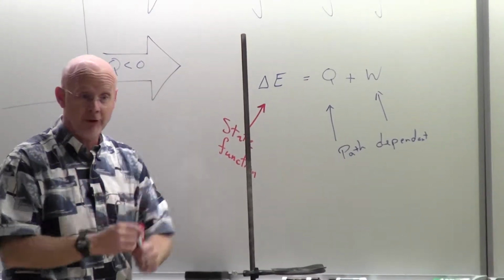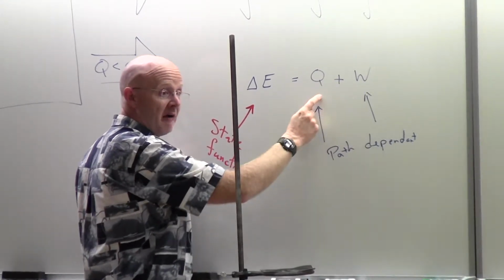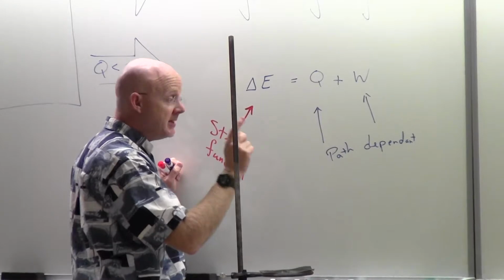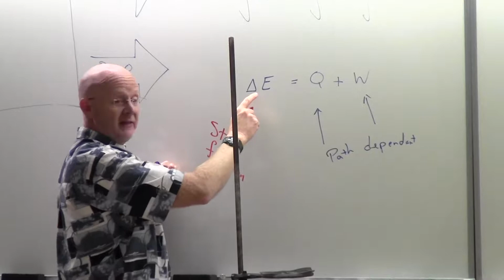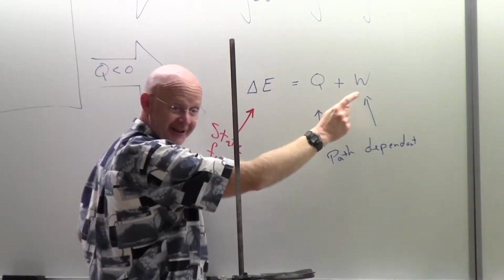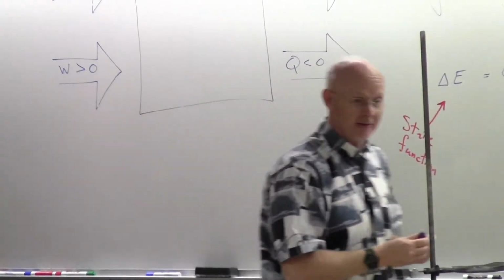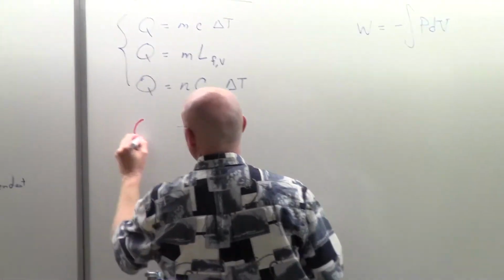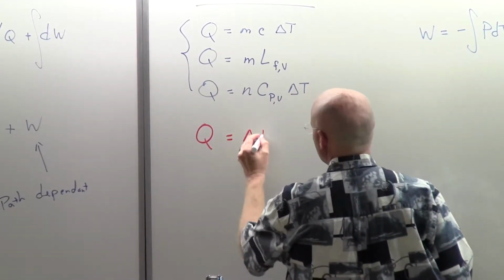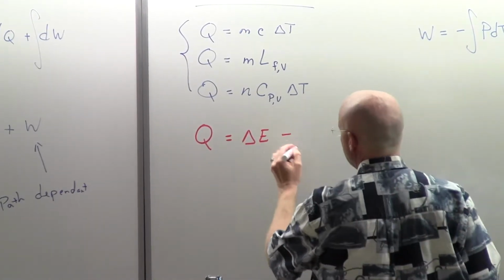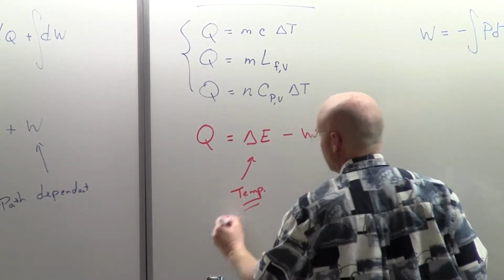And so what's very helpful is that calculating one of these might often be a little easier, not to actually calculate Q, but to calculate the E and calculate the W to get the Q. And so, one of the most powerful equations I can put under here is to say the change in energy minus the work, because this has only to do with its temperature.